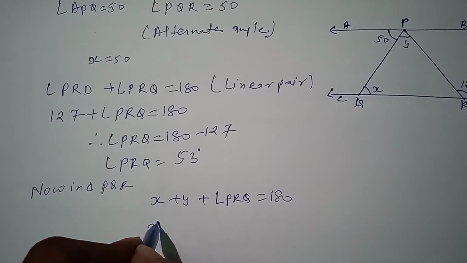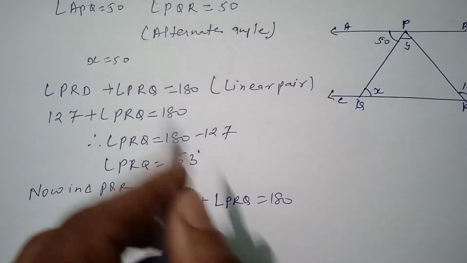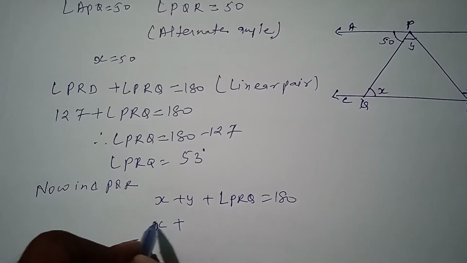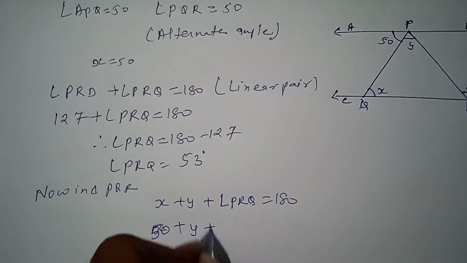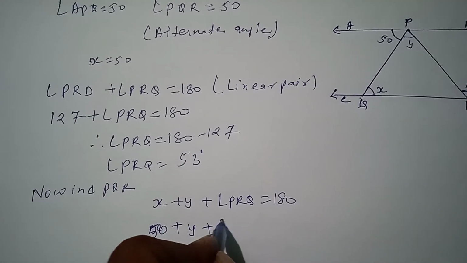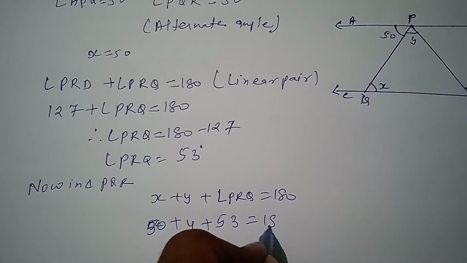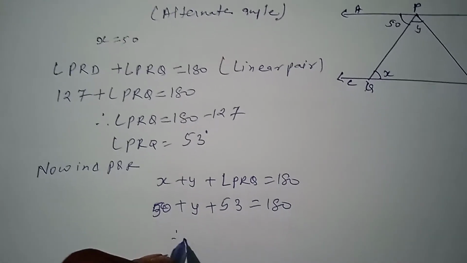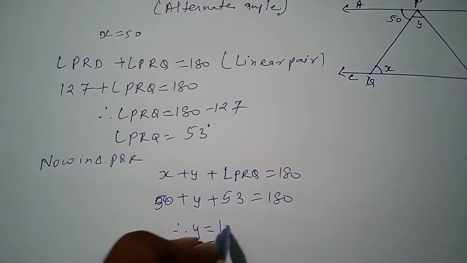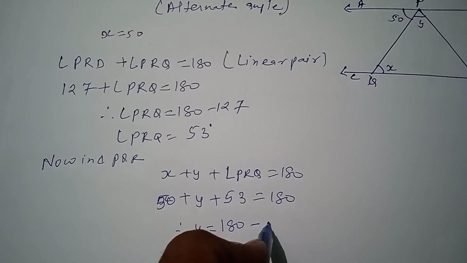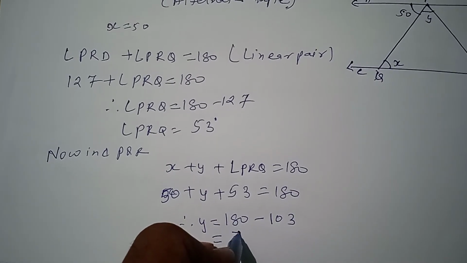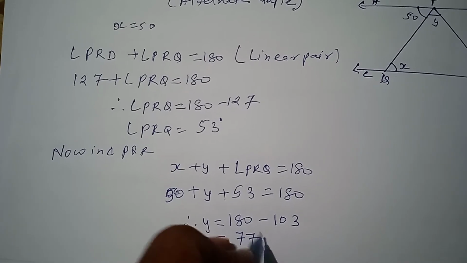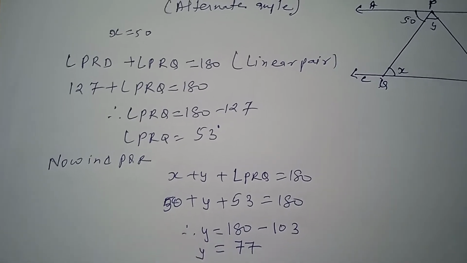X we are having 50, value of Y we are not having, PRQ we are having 53. Therefore, Y is equal to 180 minus 103, that is 77. Value of Y.